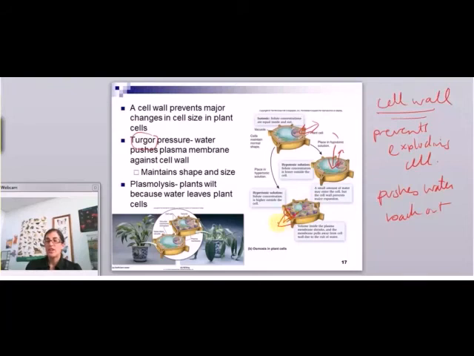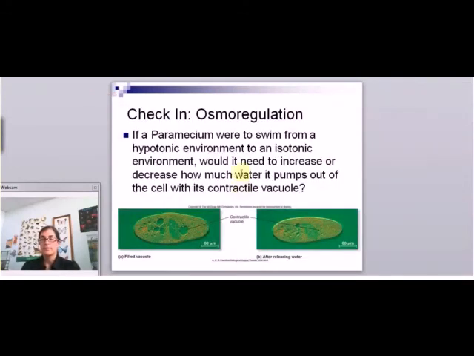So as the water leaves, it loses that turgor pressure, and in the plant, this is seen as wilting. This is going to happen when the soil does not have water in it. So if I haven't watered my plant, the soil becomes hypertonic, and the plant can't draw water in.